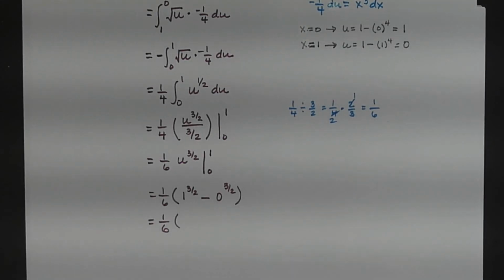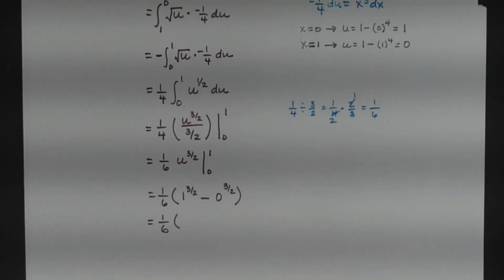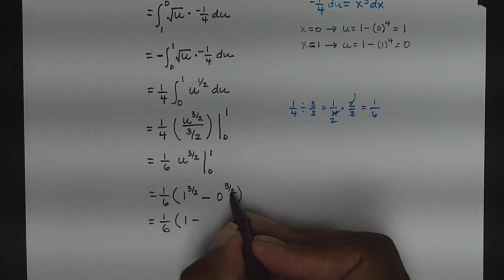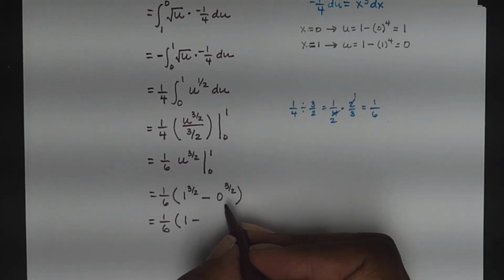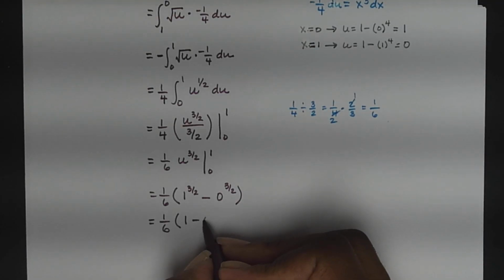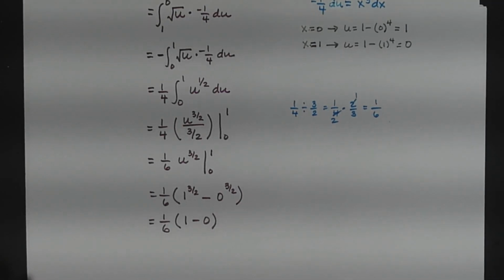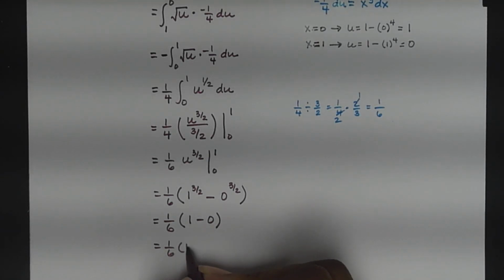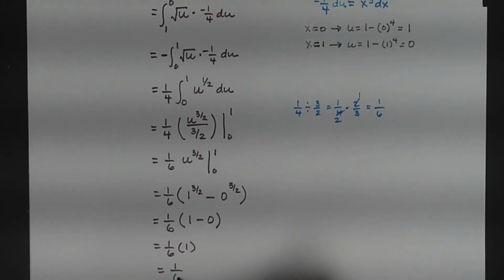Well, I know that 1 to any non-zero power has to be 1, minus 0 to any non-zero power, that's 0. So 0 to the 3/2 is 0. 1 minus 0 is 1, so 1/6 times 1 ends up being 1/6.